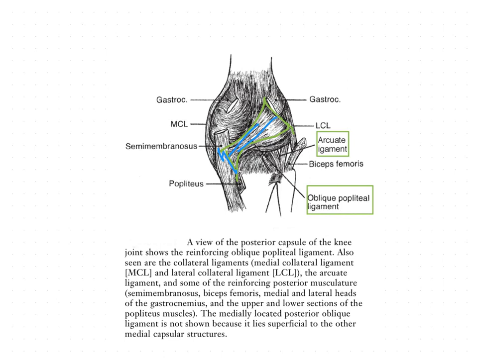If you see the arcuate ligament, this is the arcuate ligament here. Above, it is attached to the posterior aspect of the femur, above the lateral femoral condyle, and the fibers are directed downwards and medially to merge with the capsule.